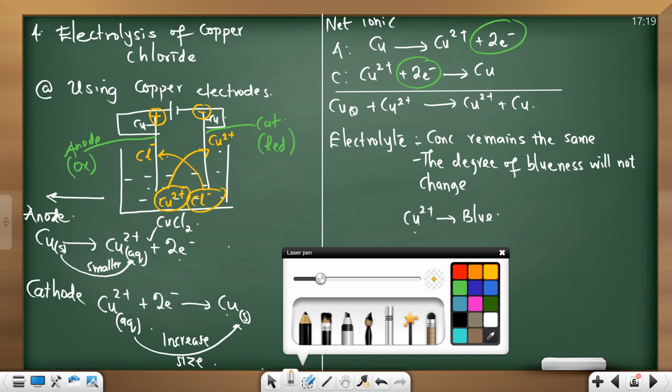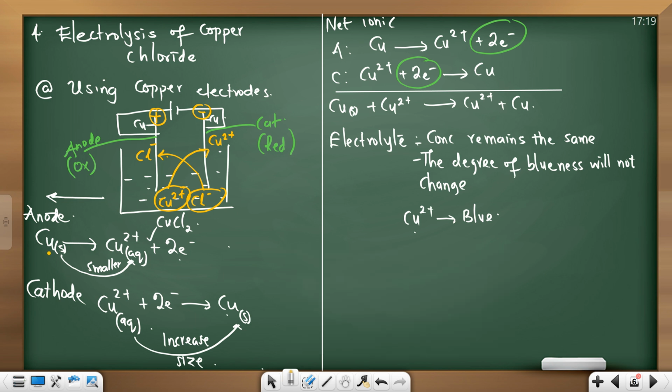Please look at this. At the anode, what am I forming? Cu2+. So Cu2+ is going into the solution. At the cathode, what is leaving the solution? Cu2+. It's like having 2 doors in class. One person leaves and another person enters. What happens to the number of learners in class? That's exactly what's going on.